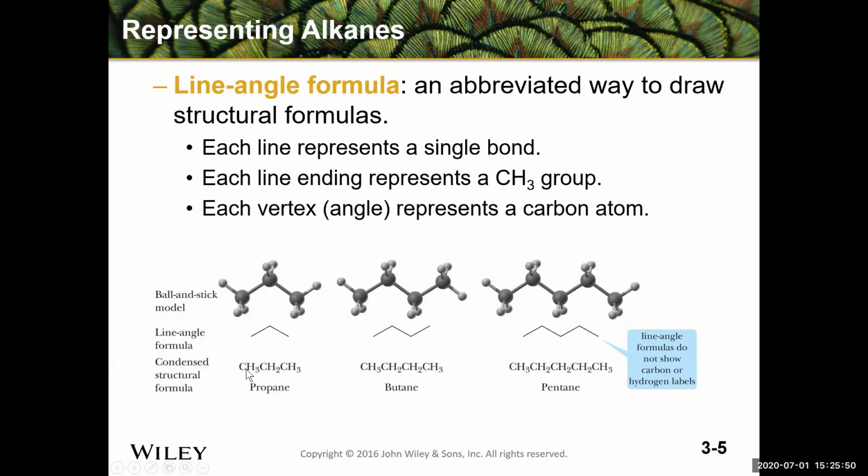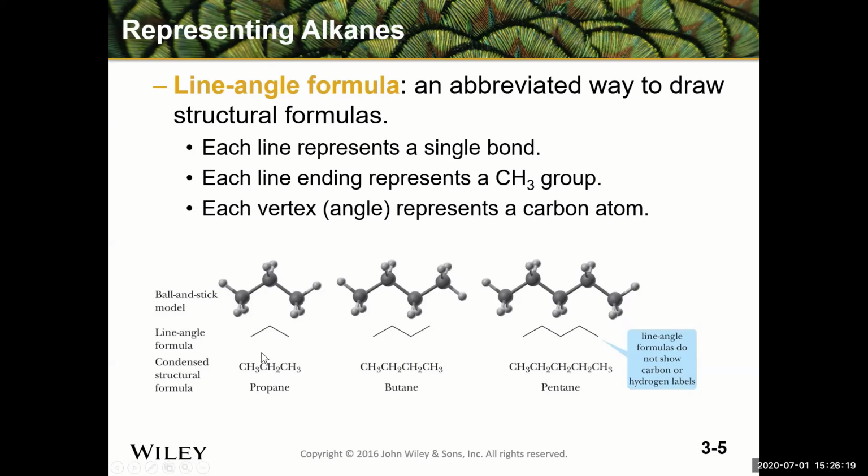So at the ends, there's this CH3, this methyl unit, and then in the middle, these middle atoms, you have these carbons with 2 hydrogens. So we write CH3, CH2, CH3, and it's known that the carbons are bonded, even though the bonds aren't shown in the condensed structural formulas.